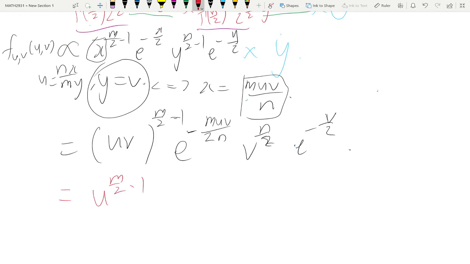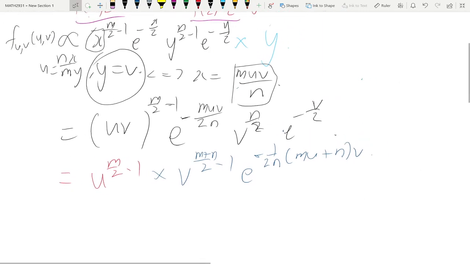You can see that since this thing involves u and v, you can't separate it, and since you want to integrate out v, you have to group it with the v's. So this v thing over here powers up with this: m plus n on 2 minus 1. And you can see over here, these exponentials group up as well: 1 on 2n, mu plus m v, just a common denominator with the n.